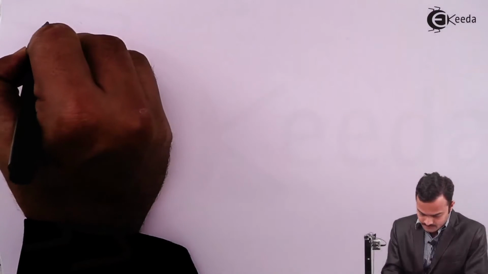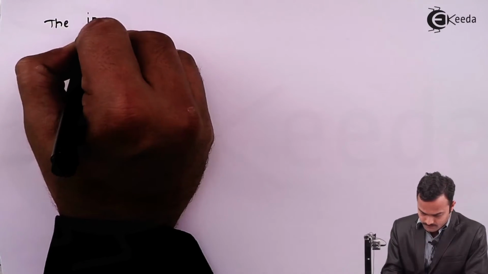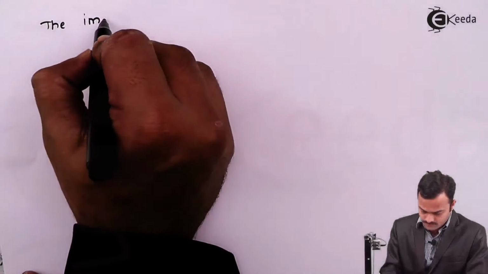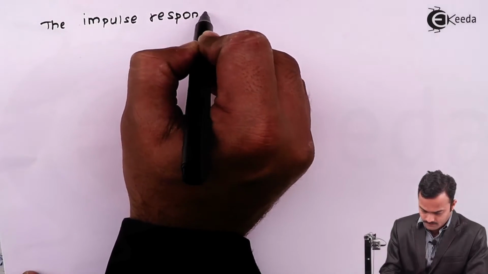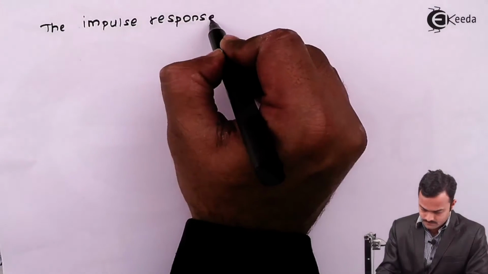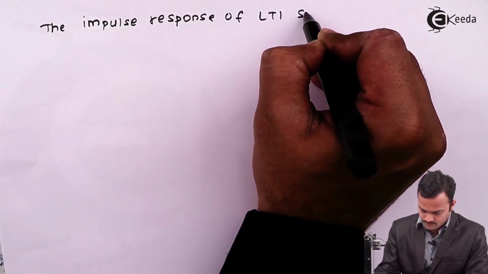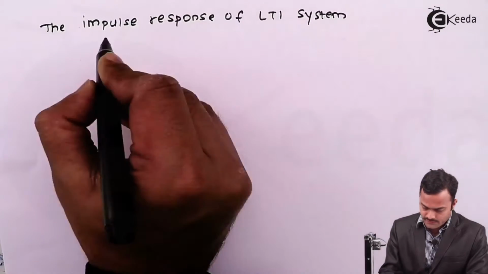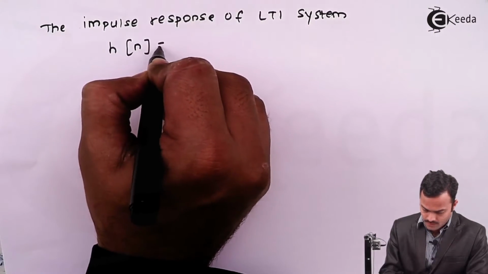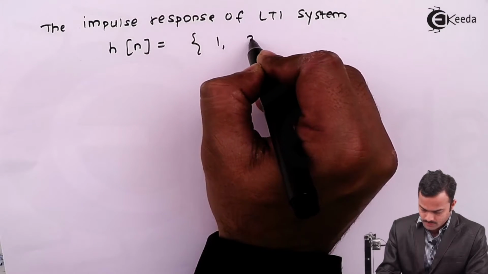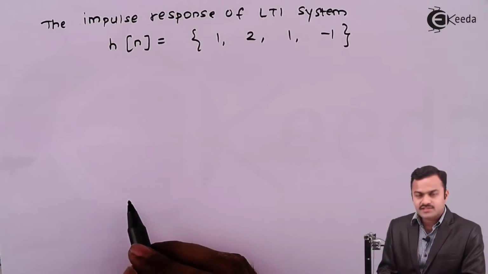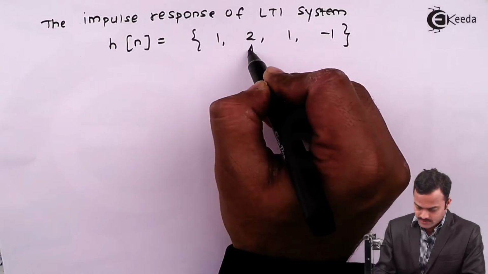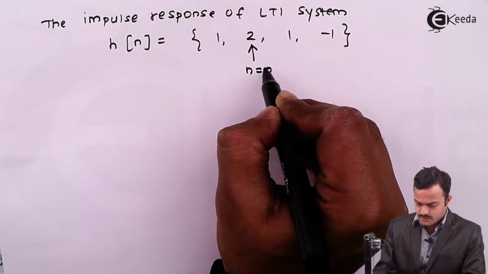So here they have given the impulse response of the LTI system as h of n equal to 1, 2, 1, minus 1, but they have mentioned the origin over here, and the origin is this point. That means this is n equal to 0 instant.